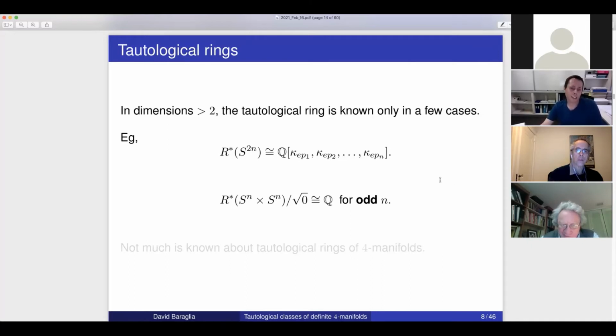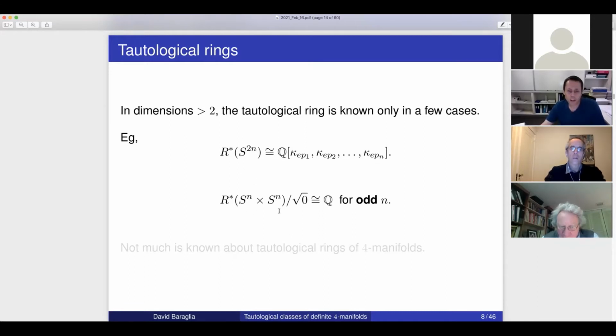Okay, so then what is known about tautological rings? Well, not a lot in dimensions bigger than 2. So for example, if you take a 2n-sphere, then it's not too hard to figure out what happens. It's a simple exercise, and you can see that it's just a polynomial ring generated by kappa e p1 up to kappa e pn.